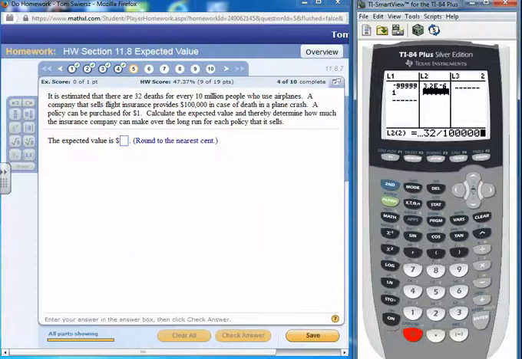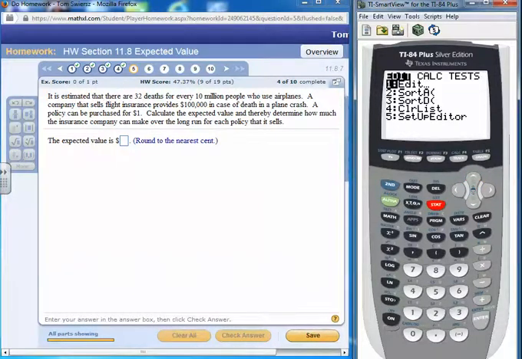Now, that number, 0.9999 and so on, is very close to 1, so it just estimates it to 1. But actually, there it is, 0.9999968. So even though it doesn't show that many digits, it really does have the exact value in the calculator. Okay? So now we have our different values.